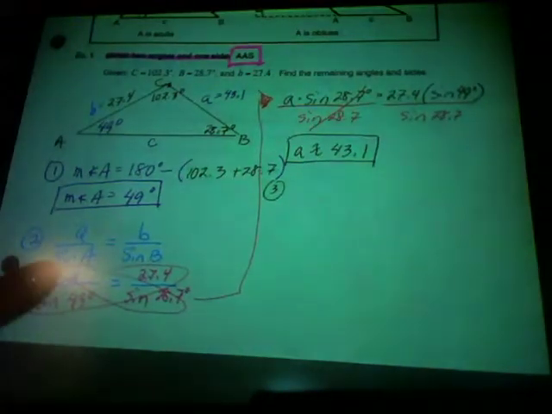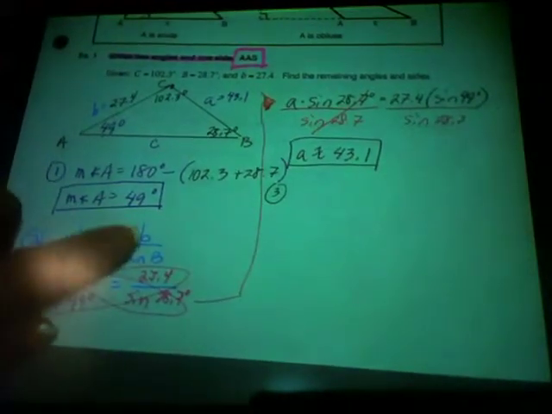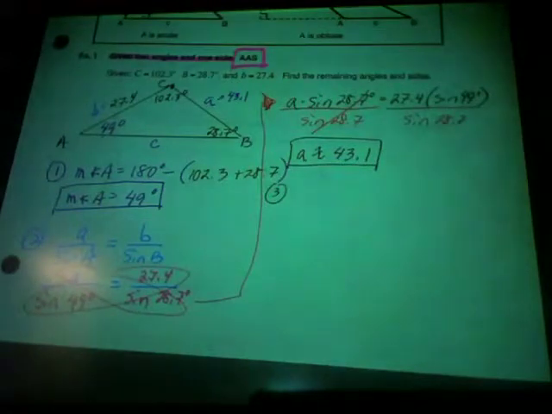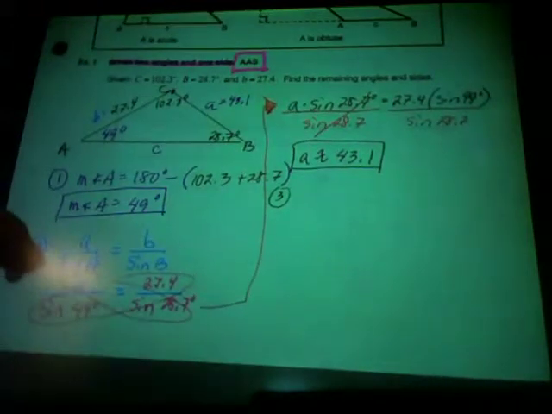Probably B. Why? Correct. Now, I did use A here, I didn't have a choice. Right? Because I didn't choose that. But I definitely was given B, so I definitely always want to use the full side and angle that I was given. I definitely want to use that in each of my ratios, because I don't want to use A, because then if I made a mistake on A, I'll definitely get C wrong. Whereas perhaps I might still have a chance if I use B.